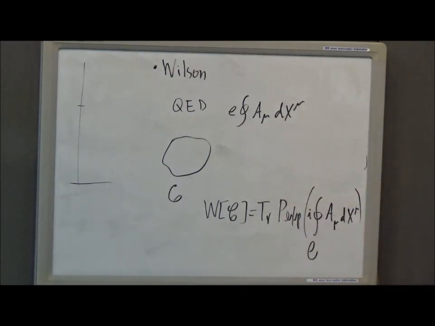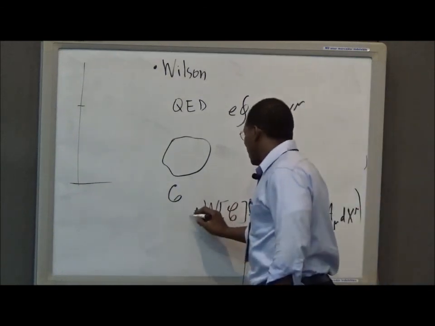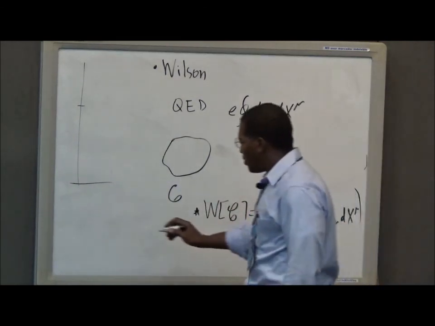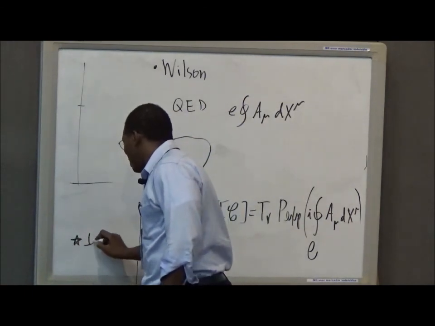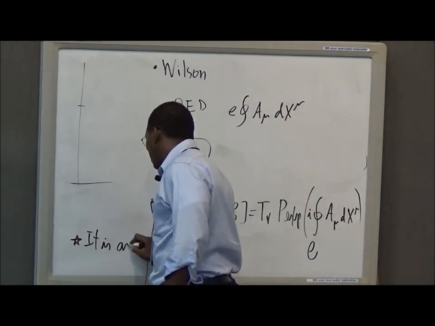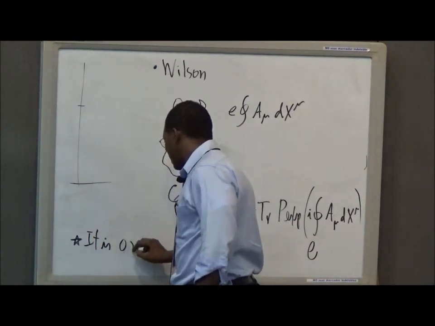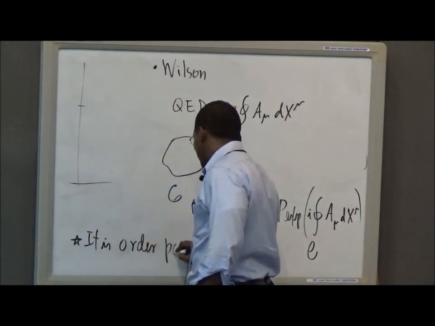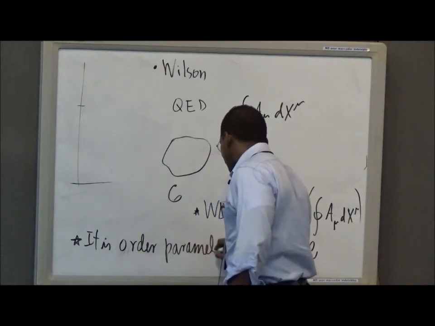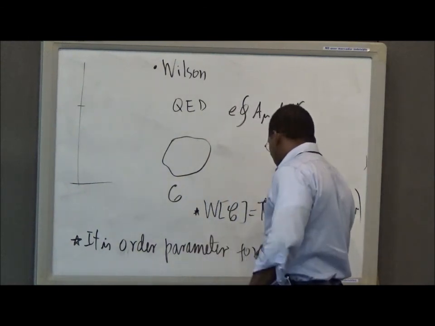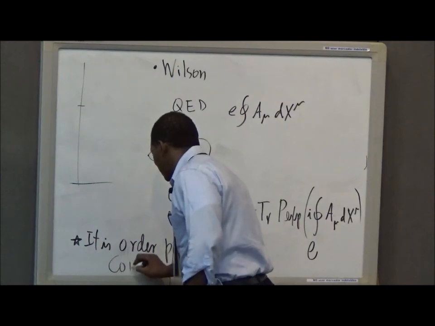Now what is this object good for? So it has many important uses. One very important use is that it is another parameter for confinement.